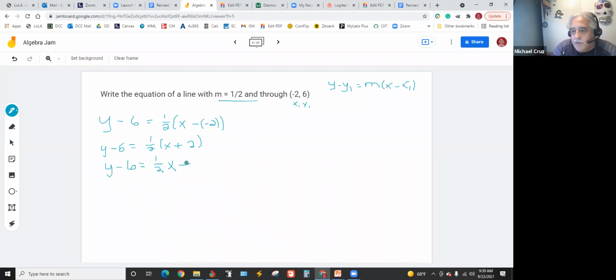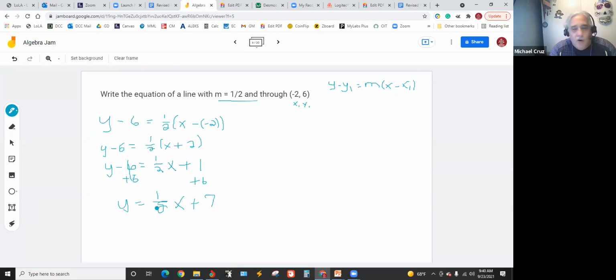One half times 2 is 1. All right, then we're going to put it in that y is equal to mx plus b format. So I'm going to add 6 to counteract that one to get it over here. These are gone. So y is equal to 1/2 x plus 7.